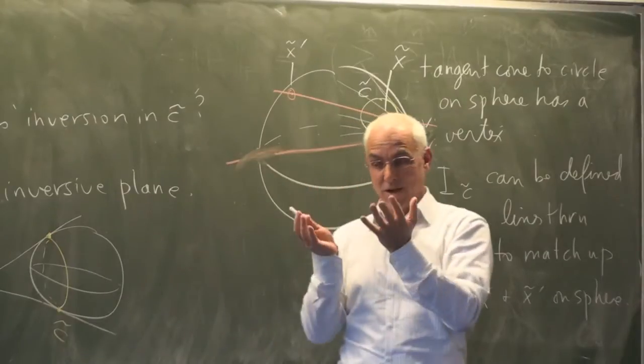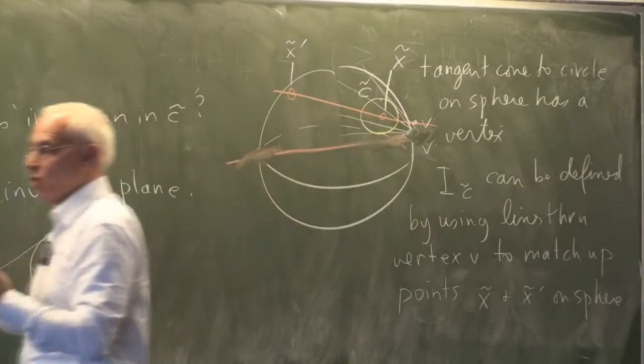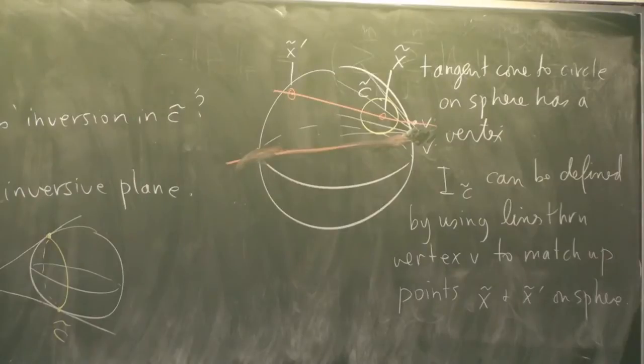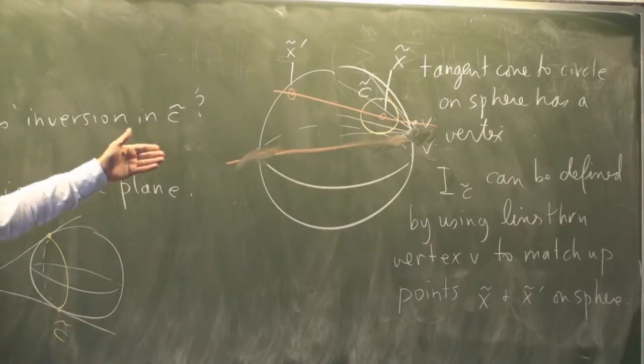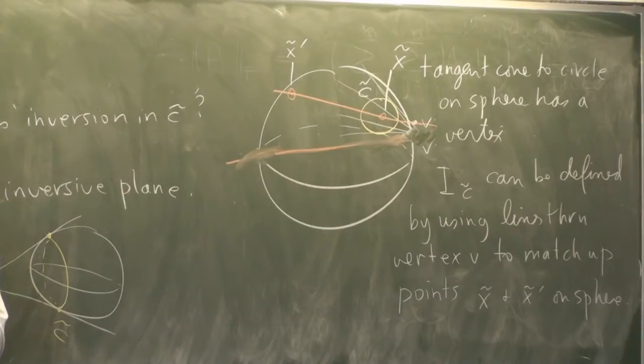So it's quite a different view on what's happening with inversive geometry by going from the plane to the sphere. In some sense, inversive geometry lives on the sphere more naturally than it does on the plane. So that's sort of the moral of the story.